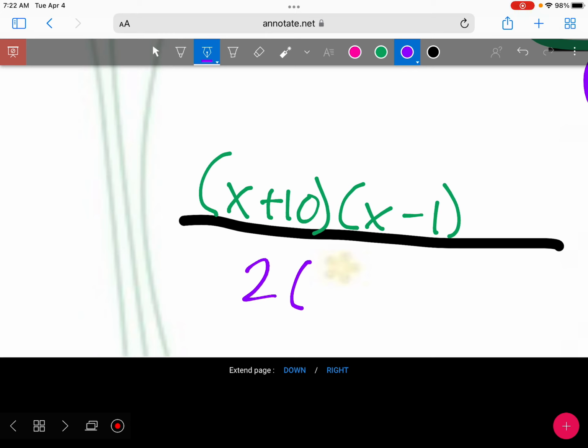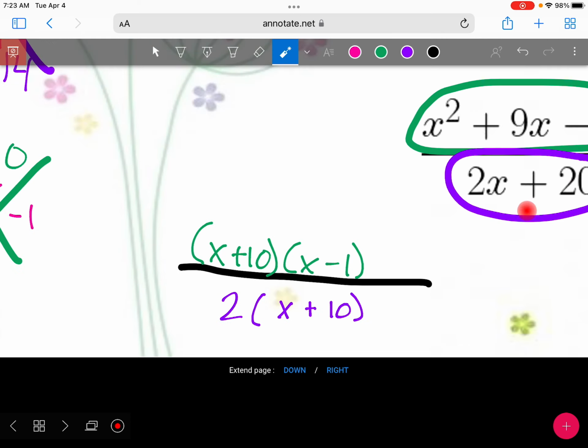I have 2x, and I'm taking 2 out. x plus 10. If I redistribute this bottom piece, I should wind up with exactly this. So if I redistribute this, 2x and 20, make sure you think about it that way. We're undistributing this 2.